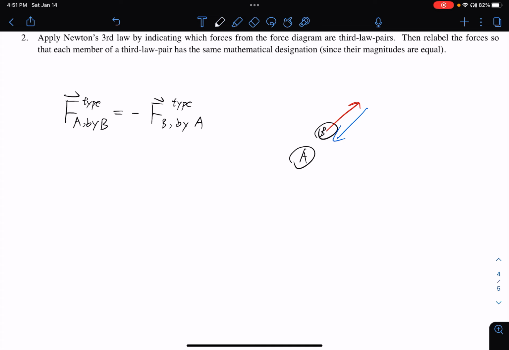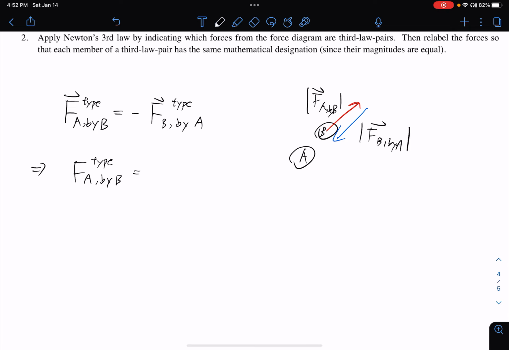When we take the magnitude, we'll see that the magnitude of F A by B is the same as F B by A. So we can just say that the forces A by B and B by A of the same type will have the same magnitude. So this will help us simplify our equation a lot.